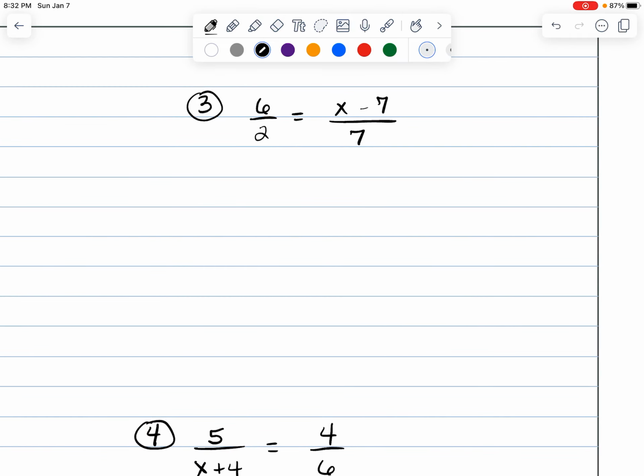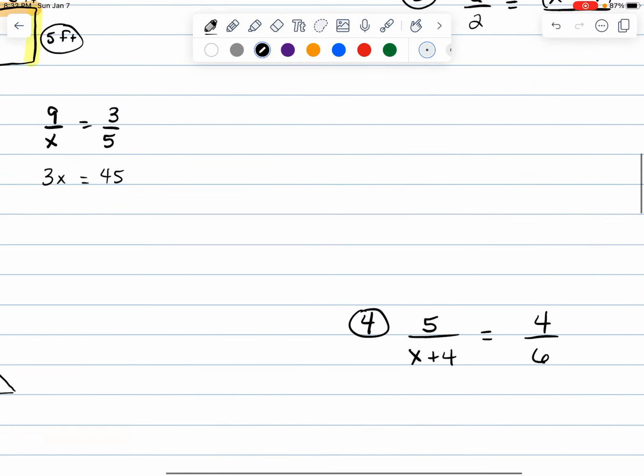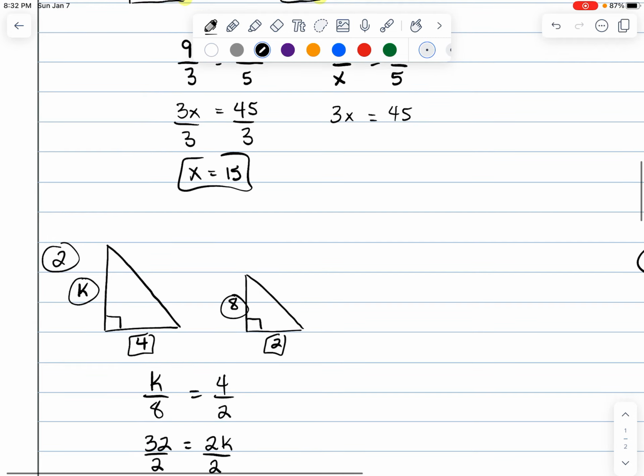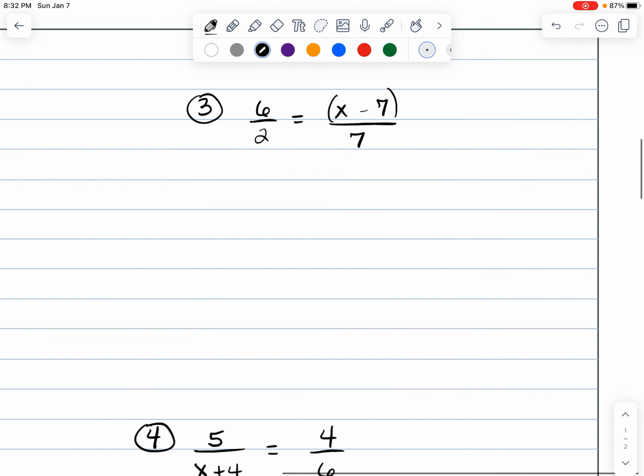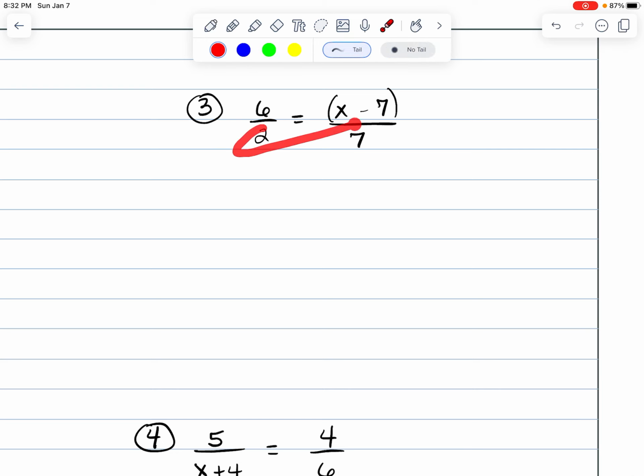Okay? Now let's look at sometimes when we have a proportion set up, we have something in the top that is not just an x. It is the quantity, or it is x minus 7. So that whole quantity, it's not just the variable x or the variable k like we had in examples 1 and 2. Now to do these, we're still going to cross multiply these.